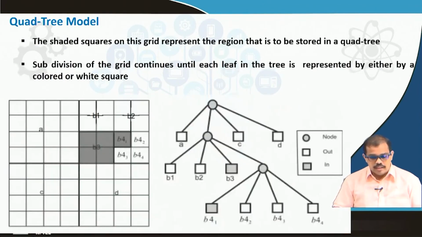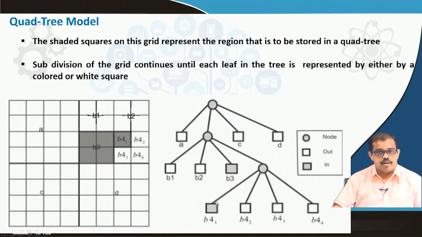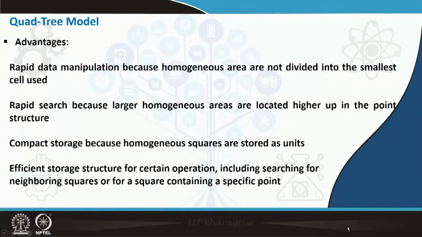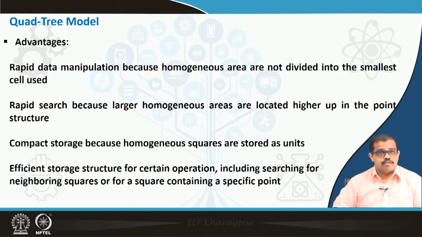The homogeneous areas are somewhere here, but the heterogeneous spaces you may find below. That is one of the advantages of a quad tree model. Then you have compact storage, because homogeneous squares are stored as units. When there is a unit, the storage is extremely efficient, which is why the quad tree model is quite advantageous.